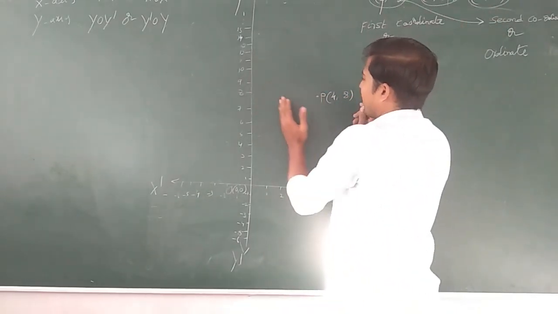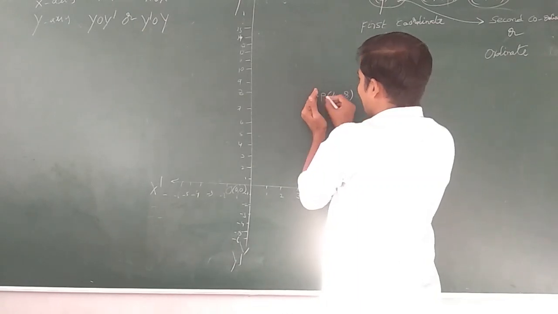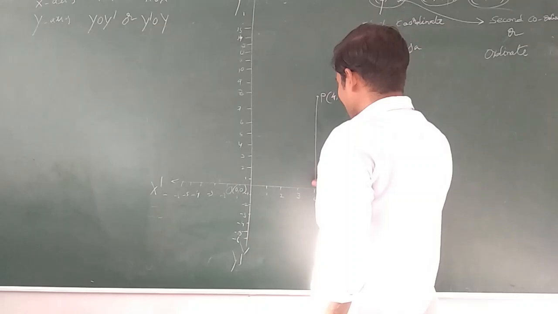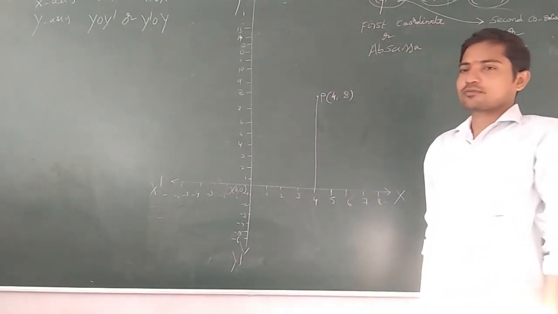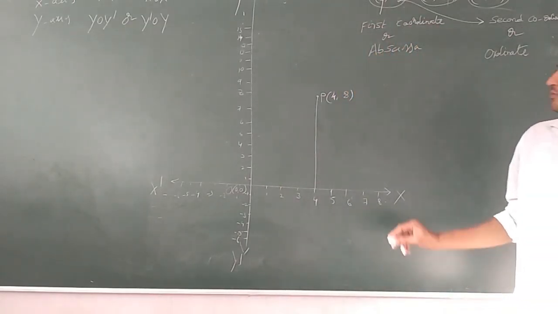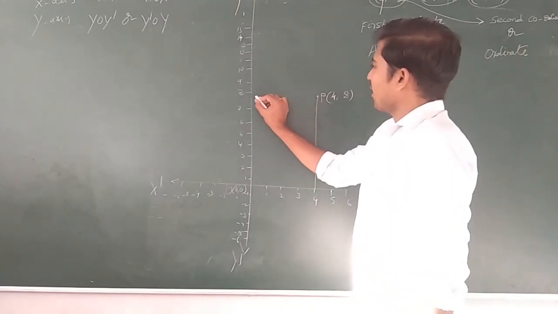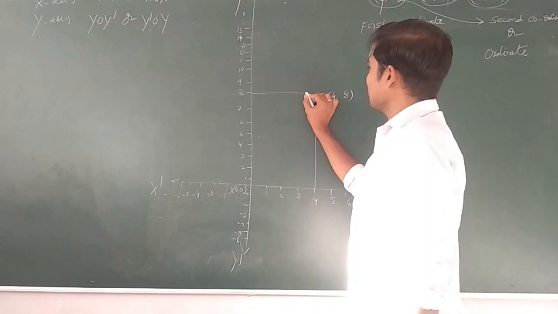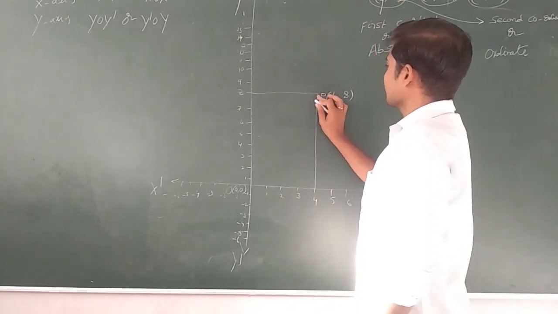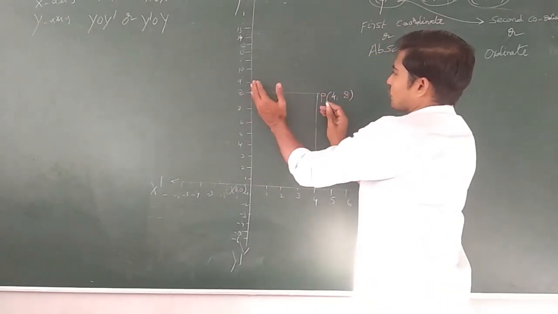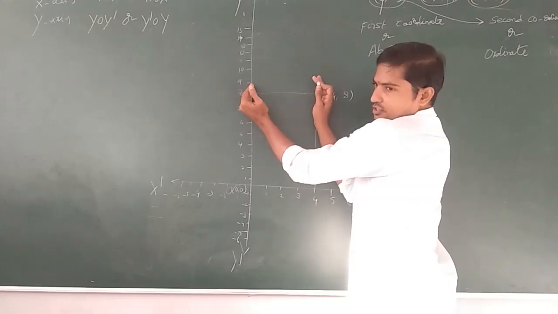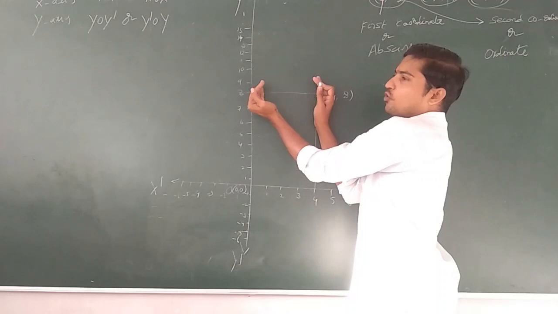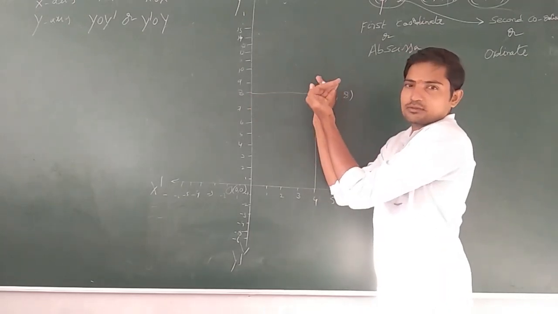See, this is y-axis. From y-axis, this is 4 units distance, right? The point is 4 units from y-axis.